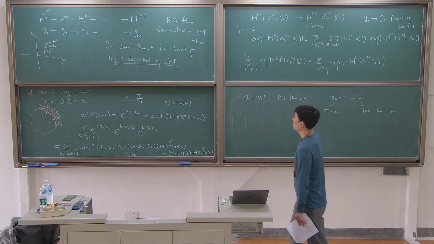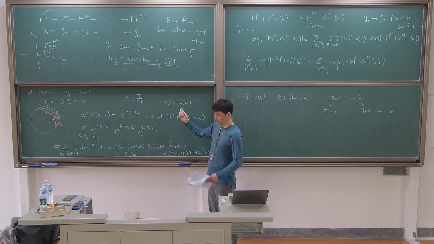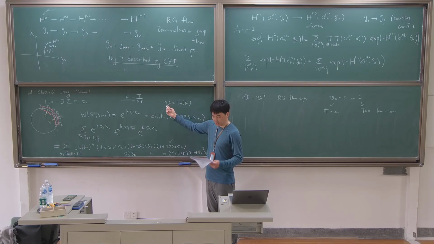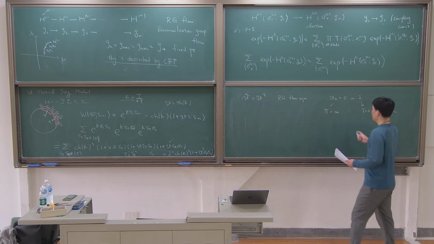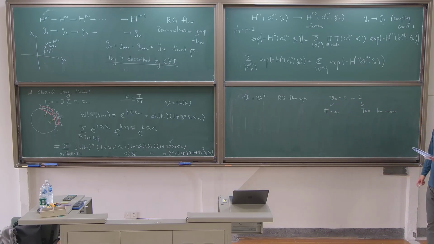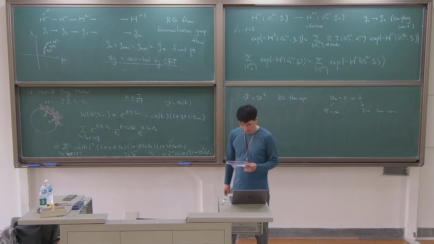So B is defined this way. So B equal to 0 means T goes to infinity, and B equal to 1 means T goes to 0. So that's the fixed point of the Hamiltonian.